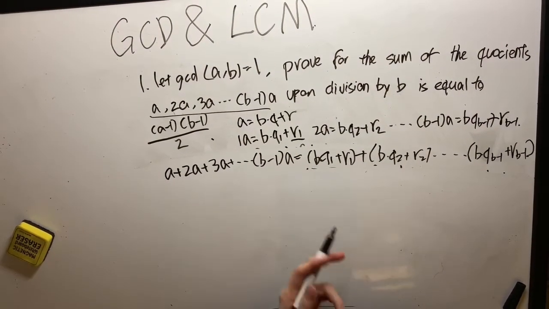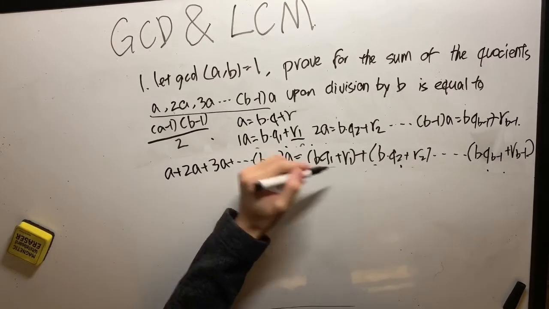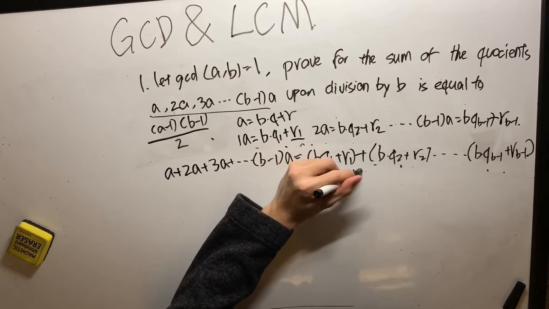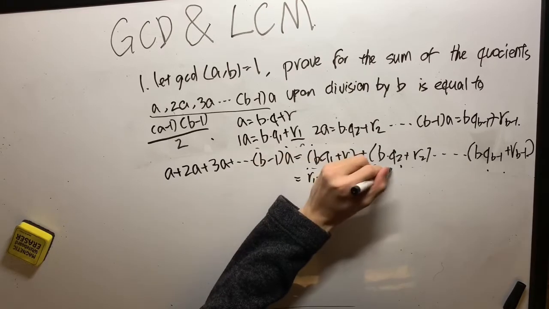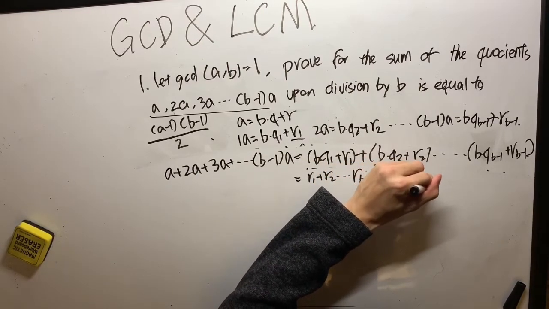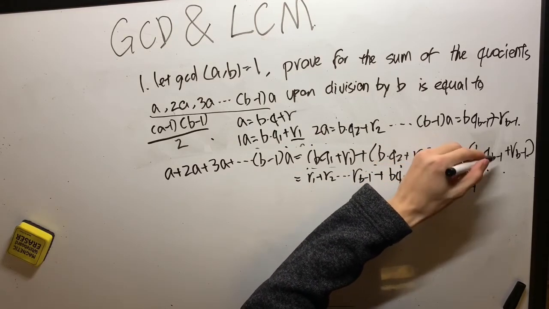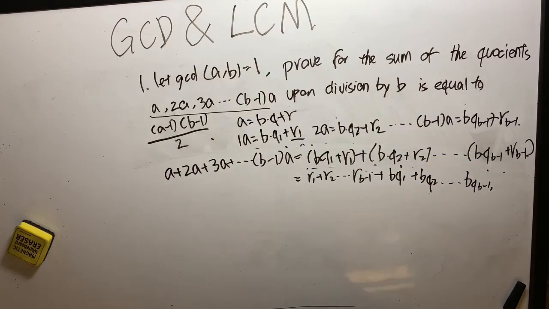Now it's easier to see that we can take every r from each combination. So r1 plus r2 until r of b minus 1, plus bq1 plus bq2 until b times q of b minus 1.